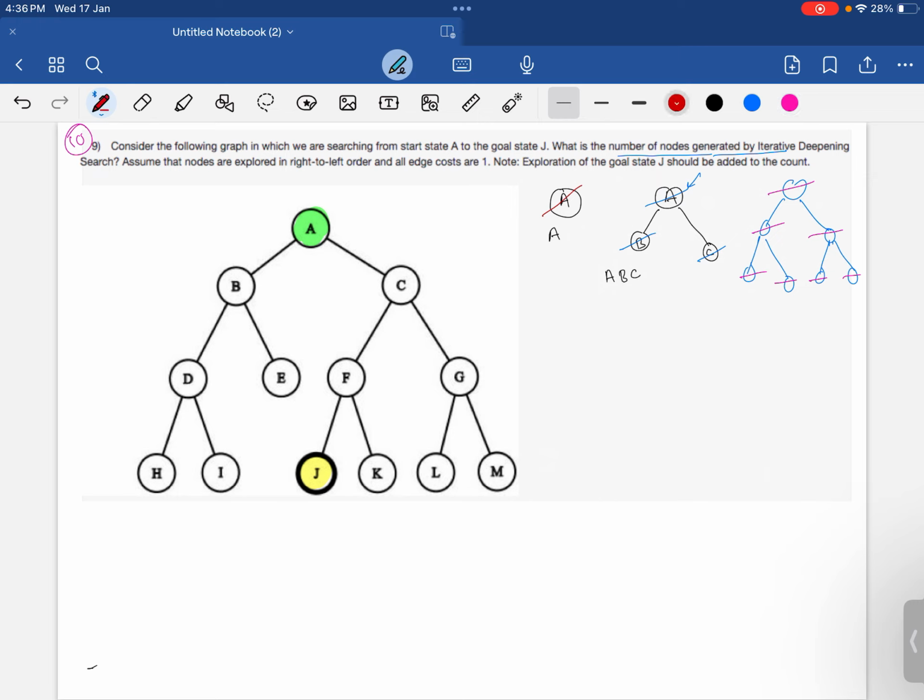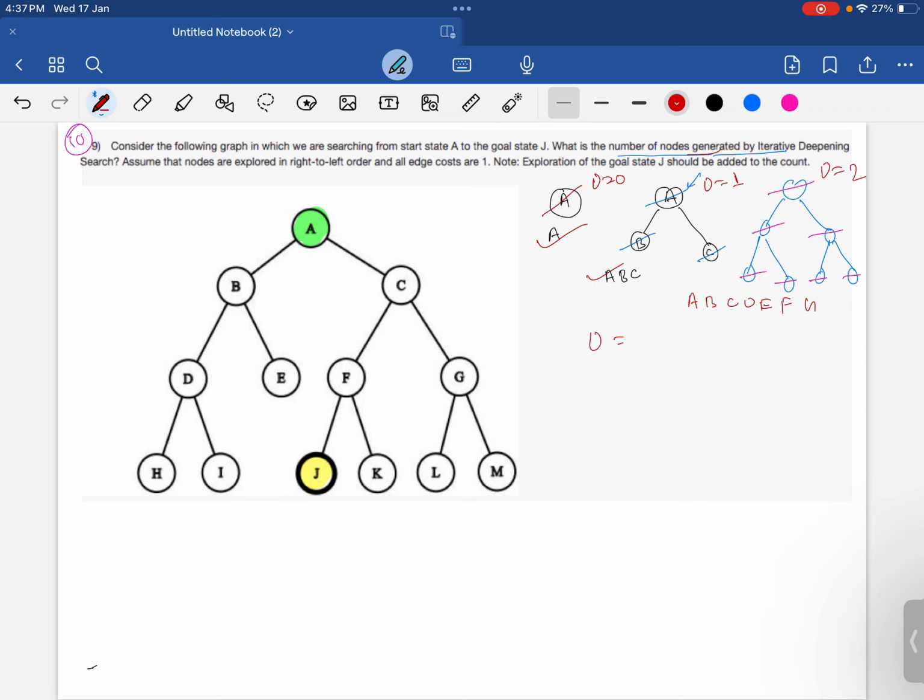So again A, B, C, D, E, F, G. So far, the nodes generated are A, and A, B, C, and then A through G. How many are there? 1, 2, 3, 4, 5, 6, 7, 8, 9, 10, 11. So we have covered depth 0, depth 1, and depth 2.